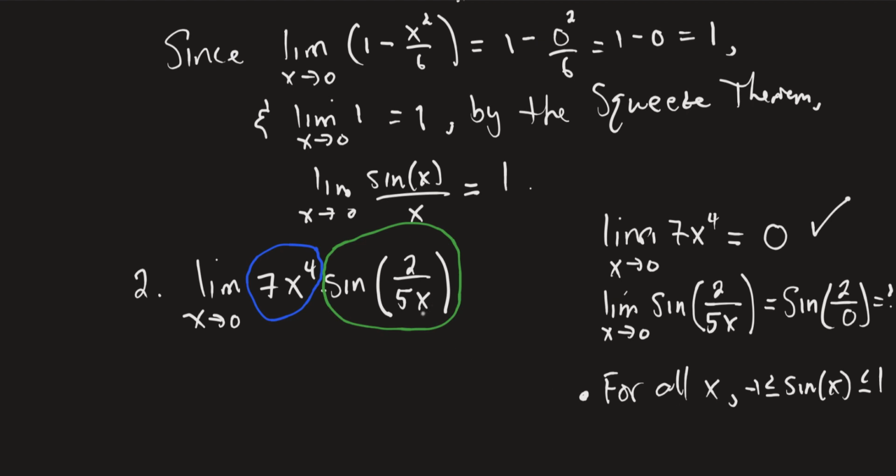Now, what happens if you have a composition of a function where the x is in the denominator? Well, what we can say is, for all x not equal to 0, that fact is still true. Like if I have something like the sine of 2/5x, that will be less than or equal to 1.